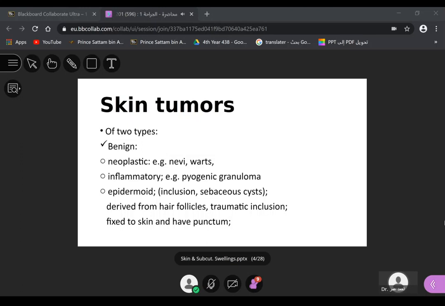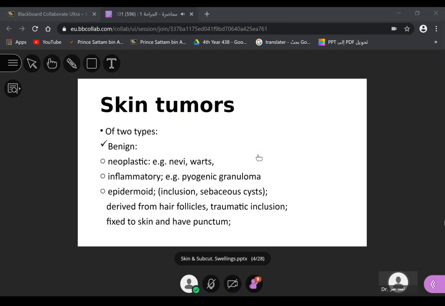So skin tumors in general are classified into benign and malignant. The benign can be further classified into neoplastic, like nevi and warts, and inflammatory, like for example pyogenic granuloma or epidermoid cyst or inclusion cyst.